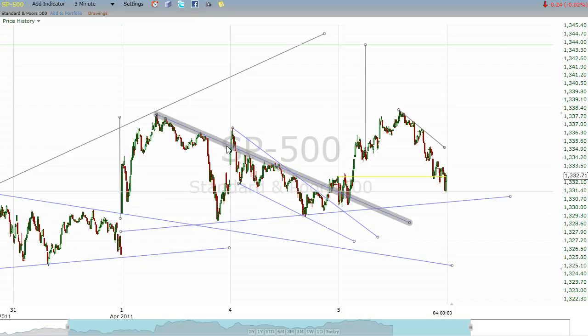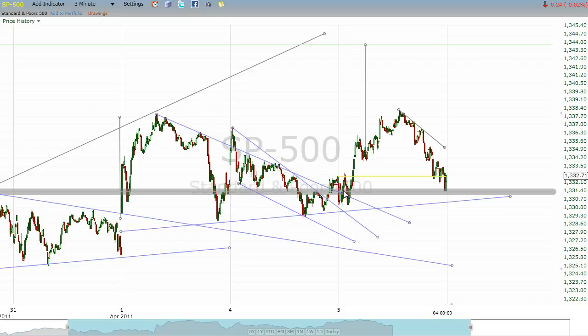Either that, or I say this was some kind of premature breakout, because you can see the line did continue to have its influence apparently. When it broke out, it bounced there, but then got back under it. So you see what I'm saying.